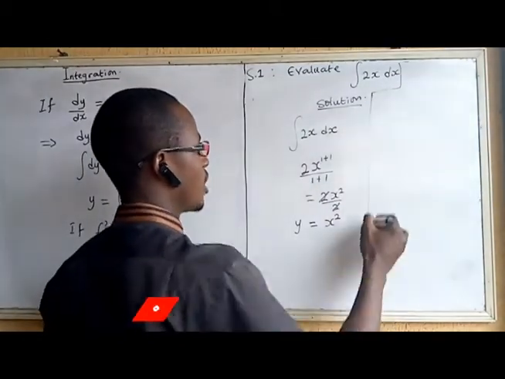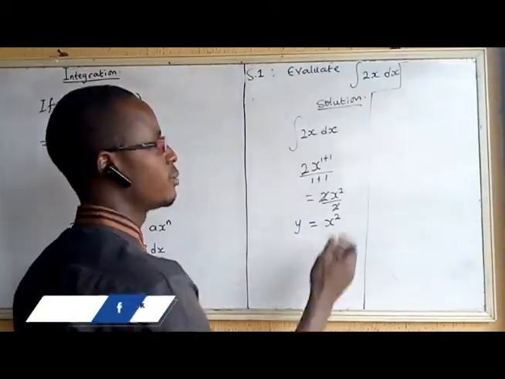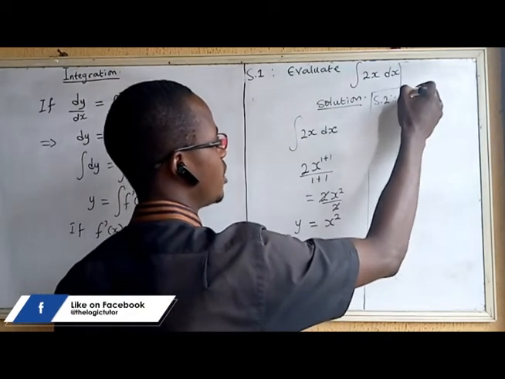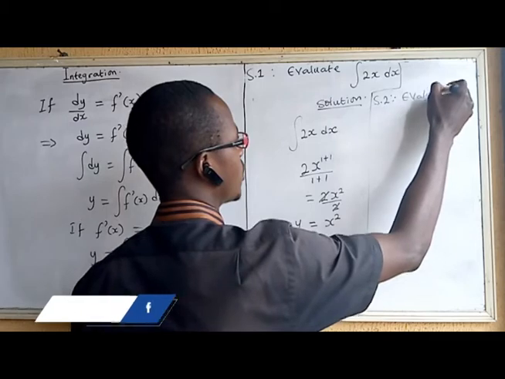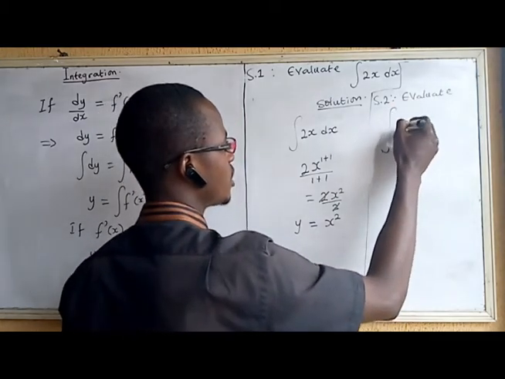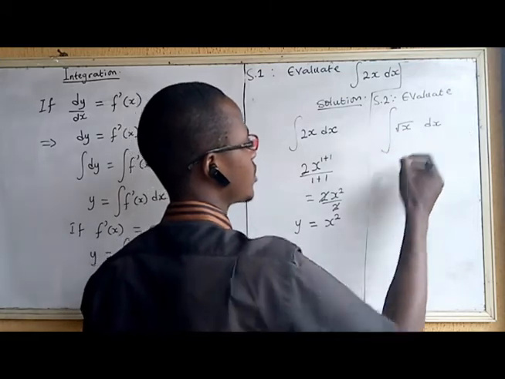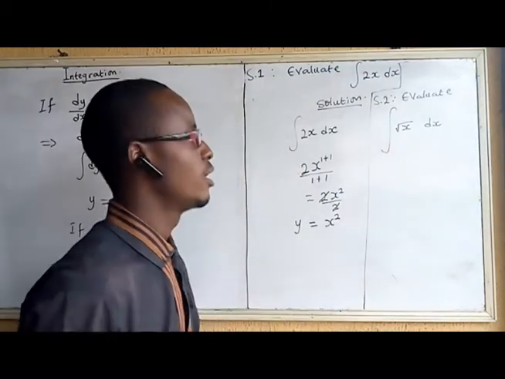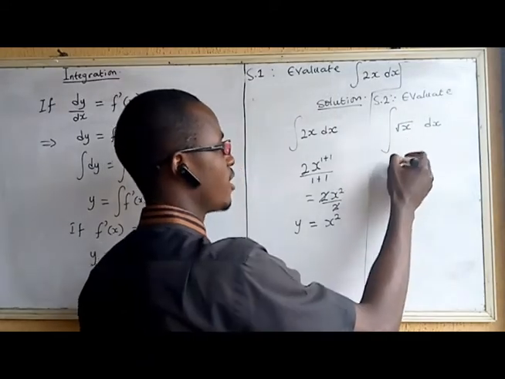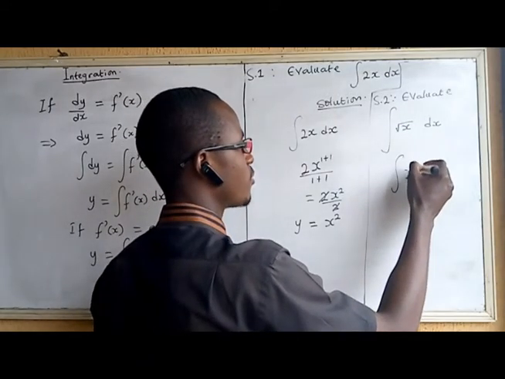At the same time, we can also look at another example that says evaluate the integral of root x dx. It is very simple. Using the techniques in indices, we have the integral of x raised to power 1/2 dx.